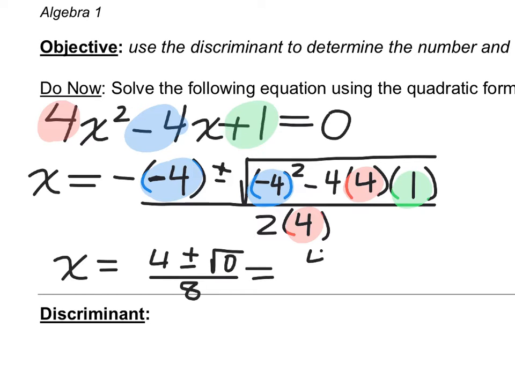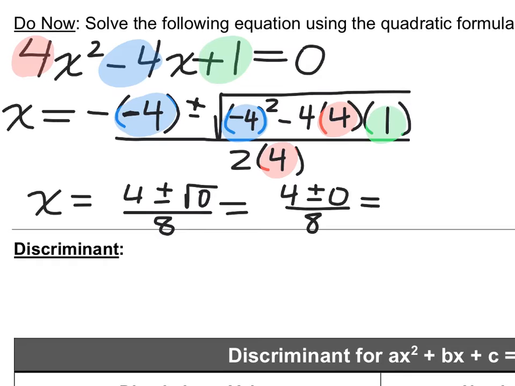The square root of 0 is equal to 0. The additive identity tells us that you can add or subtract 0 to a number and you're not going to get any change. So 4 plus or minus 0 is equal to 4 in both cases. 4 minus 0 is 4, and 4 plus 0 is 4. It's no more complicated than that. So 4 over 8, result 1/2.